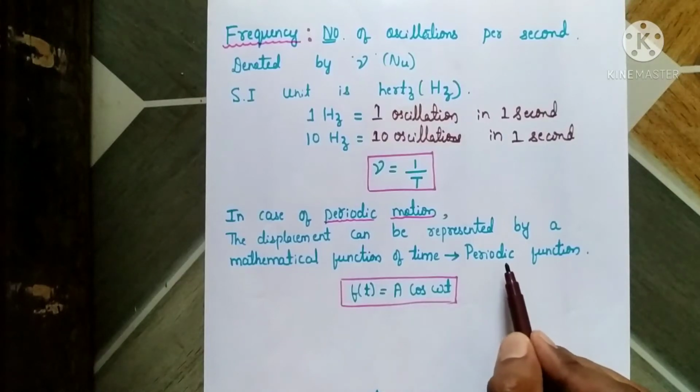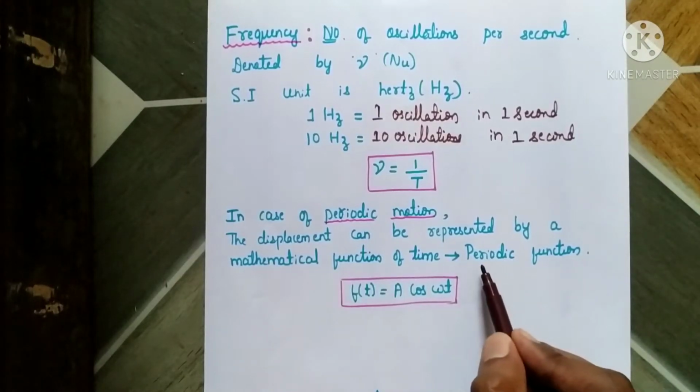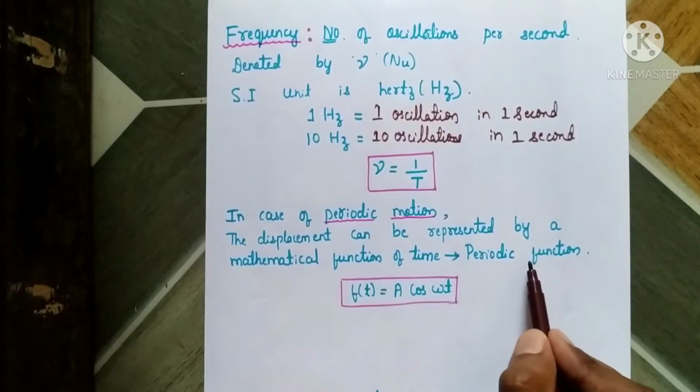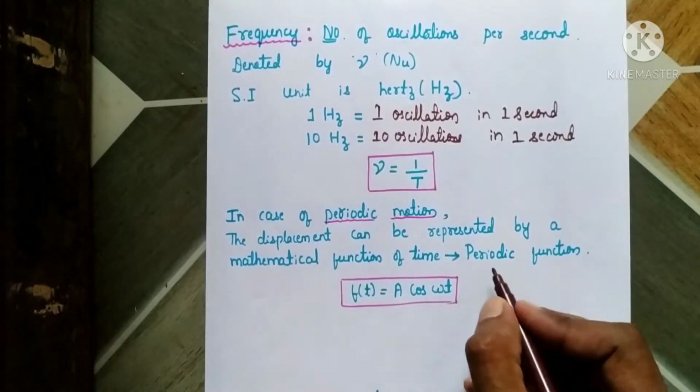For example, if you consider the trigonometric functions, you already know that there are 6 trigonometric functions: sine, cos, tan, cosec, sec, cot. Out of these 6, sine and cos are called periodic functions. Why are they called periodic functions?